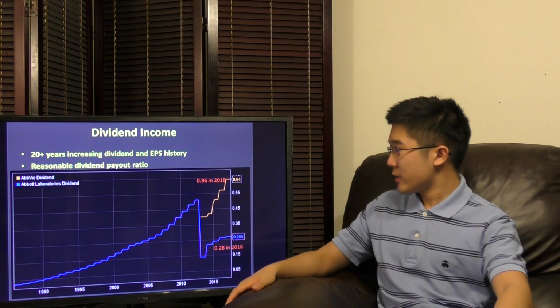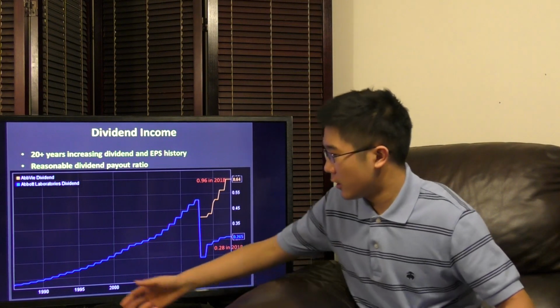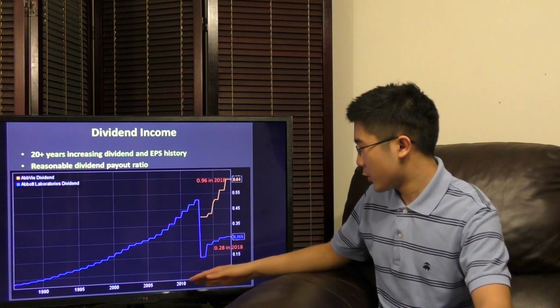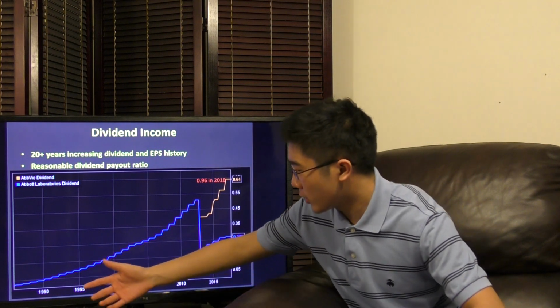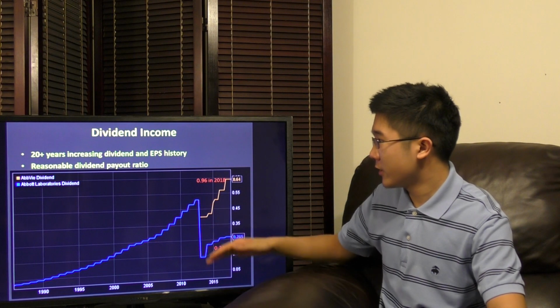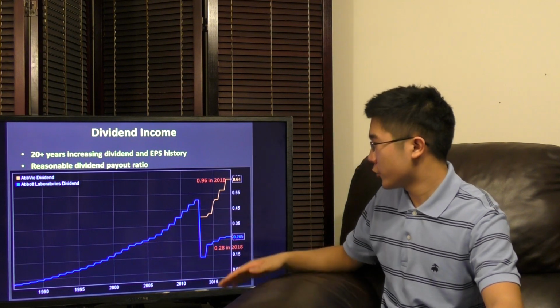And so we see here an example of AbbVie and Abbott. They spun off between 2010 and 2015. But before that, when they were one company, you can see there's a consistent, constant increase in the dividend payout history. And this went well over 20 years.